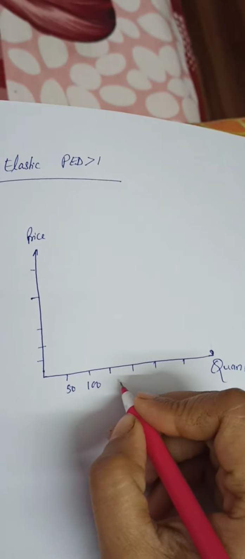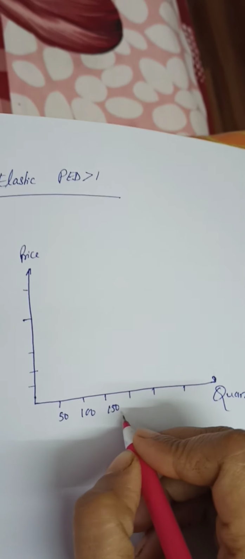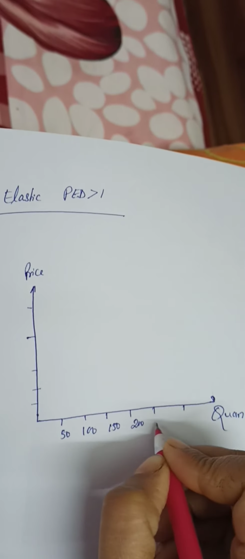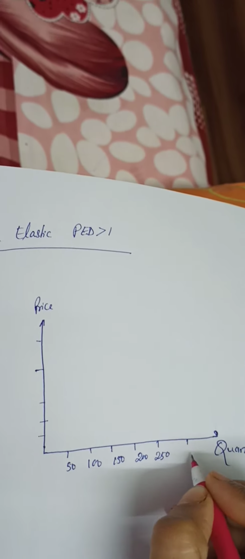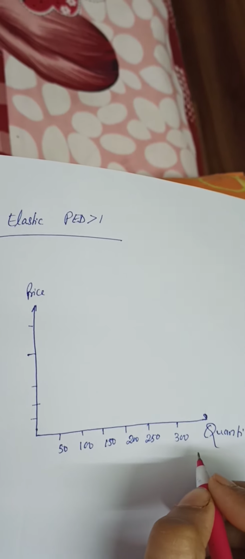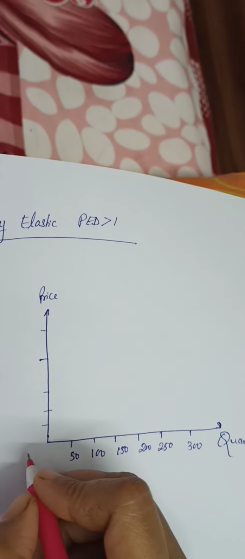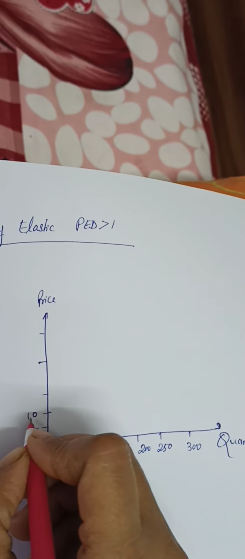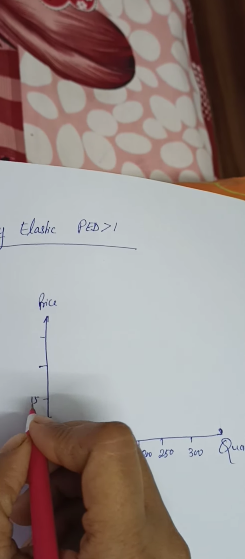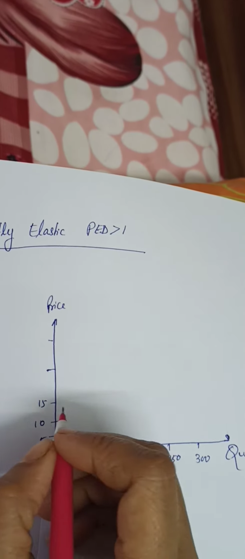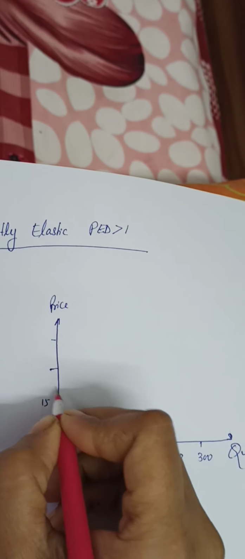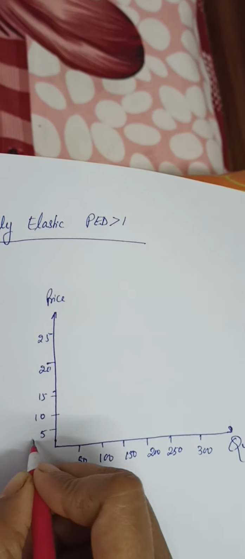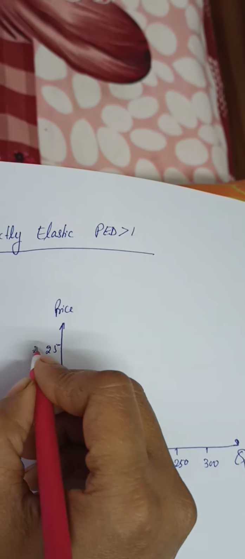Here 50, 100, 150, 200, 250, 300, and price 5, 10, 15, 20, 25. All these are in rupees.